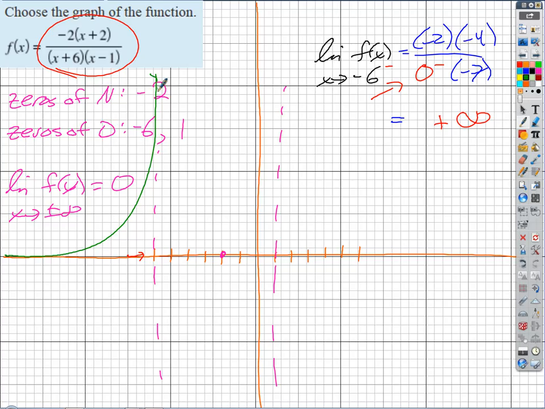What are the behaviors of the factors other than the x plus 6? They're not going to change, are they? Because I'm approaching the same x value. Everybody agree? Whether I'm approaching from the left or the right, I'm still approaching an x value of -6, right? So that guy and that guy stay the same. Agreed?